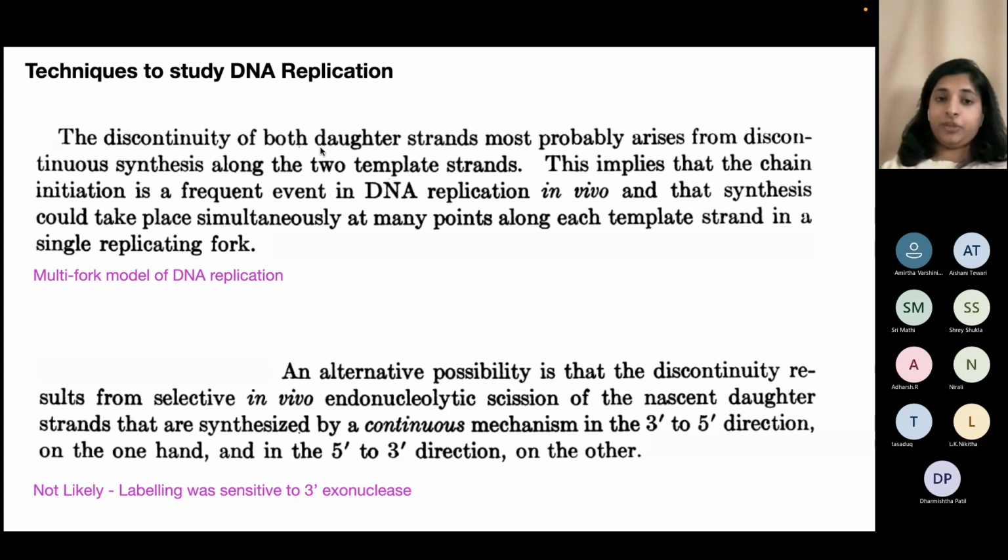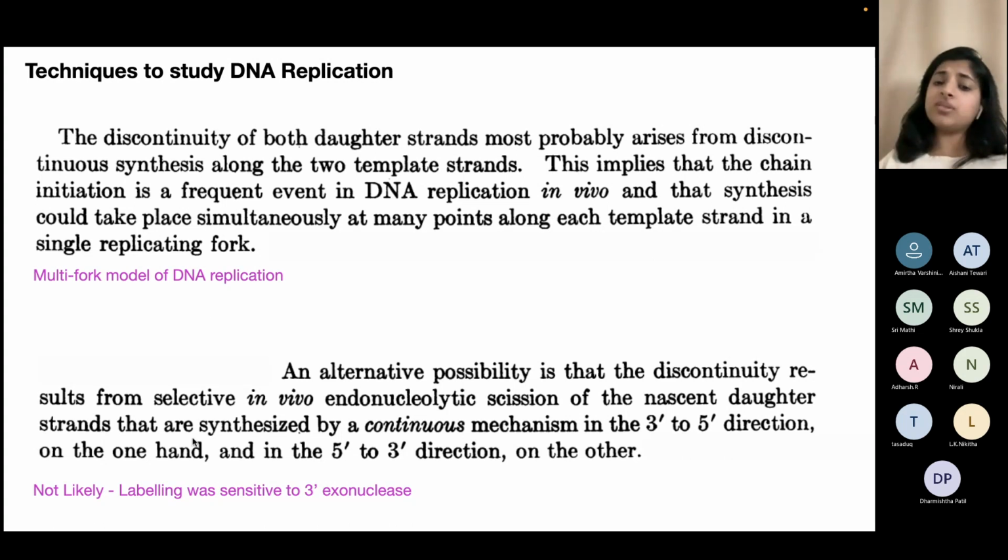One is that the discontinuity of both daughter strands arises from discontinuous synthesis along the two template strands. These fragments, since this paper, are known as Okazaki fragments. And this implies that there is a multi-fork model of DNA replication.